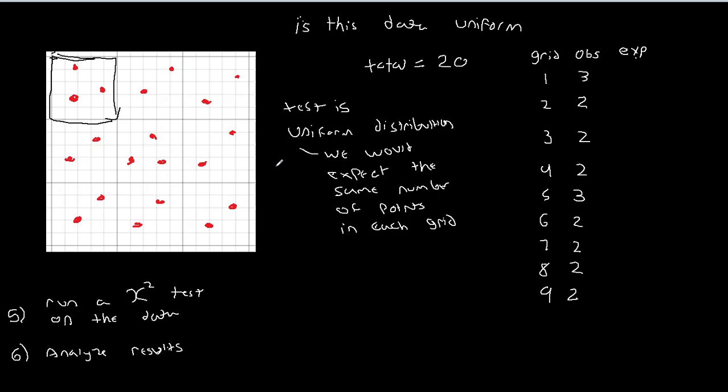So, how would we go about determining this? To have the same number of points in each grid, this would be the same as saying your total divided by the number of grids. So this is going to be 20 total points divided by the number of grids. 20 was our total number of points, and again, 9 grids.